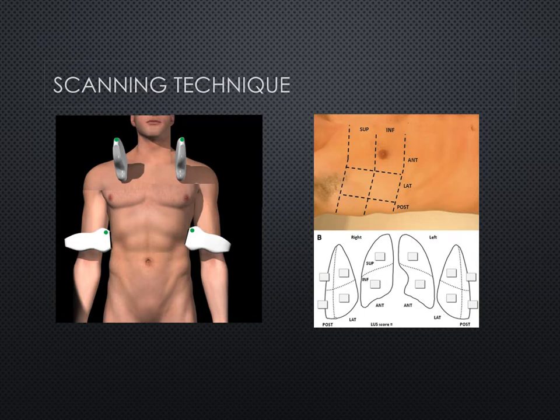So if we were to consider the lung regions, we actually can break up our lungs into our right and our left lobes. And we can further split those or divide those lungs up into our superior and inferior aspects on the anterior, the lateral, and the inferior aspects of the wall.